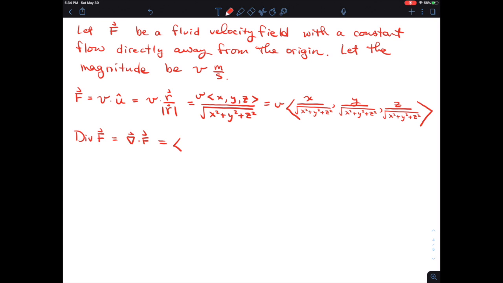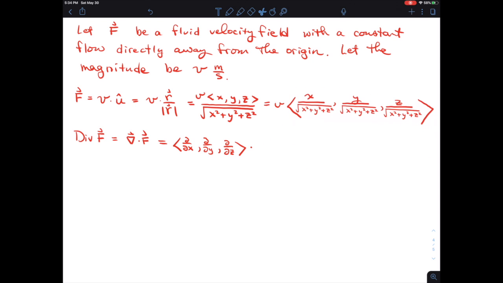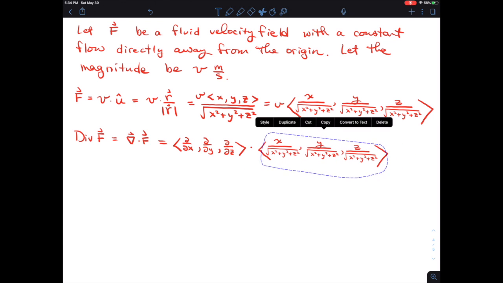So we'll have this partial with respect to x, with respect to y and z. Okay, and dot that with this thing. And I think I've decided I'm going to put the v inside. And maybe I can shrink it down a little too. There we go.